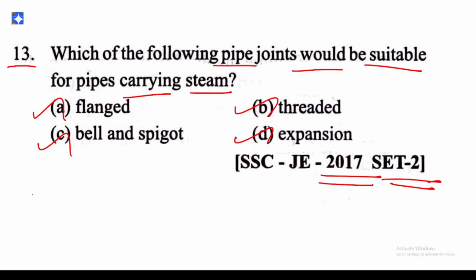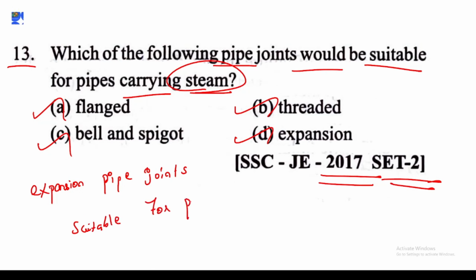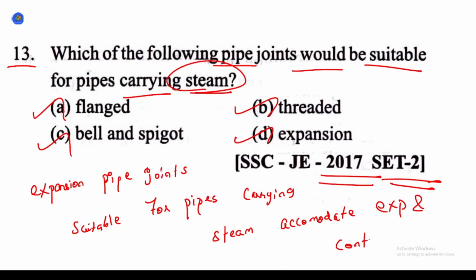See, generally, because you know that it is carrying steam, expansion pipe joints are actually suitable for pipes particularly carrying steam, because only then can it accommodate expansion as well as contraction with respect to temperatures.